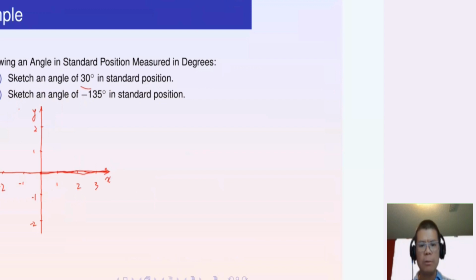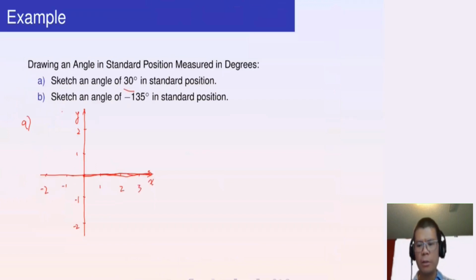Can we find the fraction of 30 degrees of a full rotation? 1/12. We found this using 30 over 360, which equals 1/12.